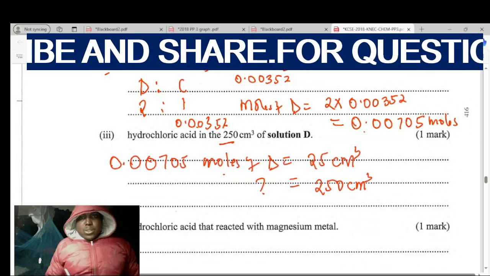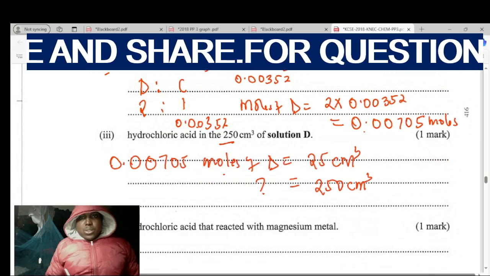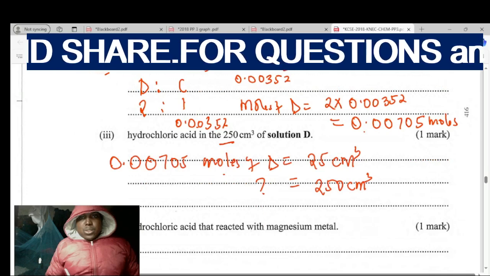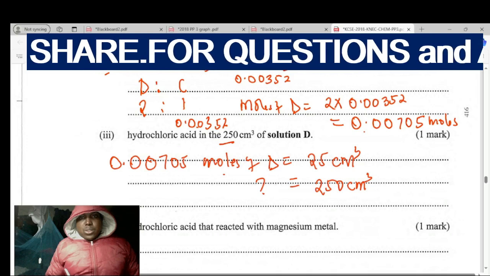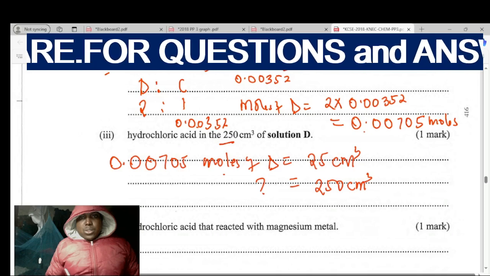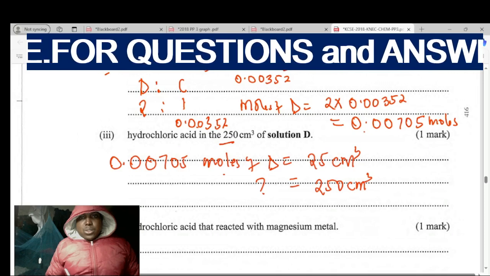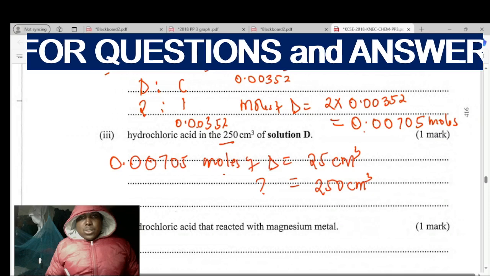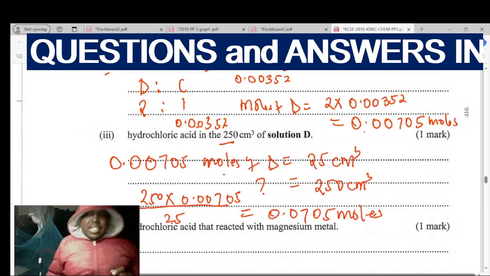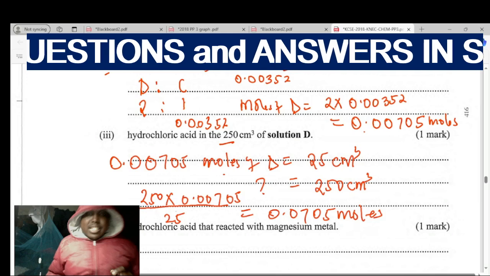So it is 250 times 0.00705, divided by 25. So that becomes 0.0705 moles. That is the number of moles of solution D in 250.